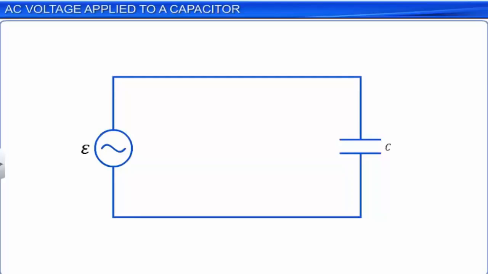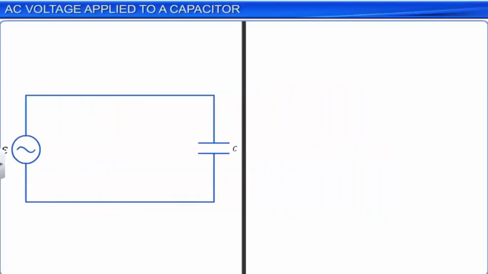The instantaneous AC voltage, V, applied to the capacitor is denoted as V = Vm sin ωt, where Vm is the amplitude of the applied AC voltage. Let this be equation 1. Now assuming the circuit to be purely capacitive, which means it has only a capacitor in the circuit, the instantaneous voltage across the capacitor is equal to the voltage supplied by the AC source.